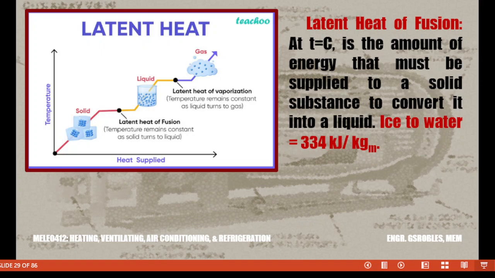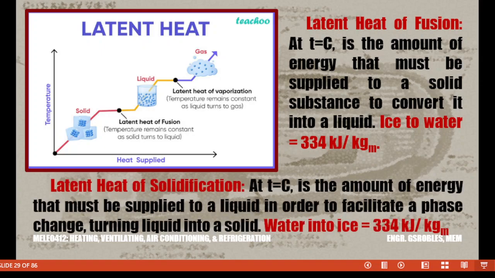So, once again, yung same number, which is 334 kilojoules per kilogram of mass, pag na-release naman ito ng water, eventually magsusolidify yung water into its solid form, which is ice. So, ang tawag naman natin dito is what we call the latent heat of solidification.